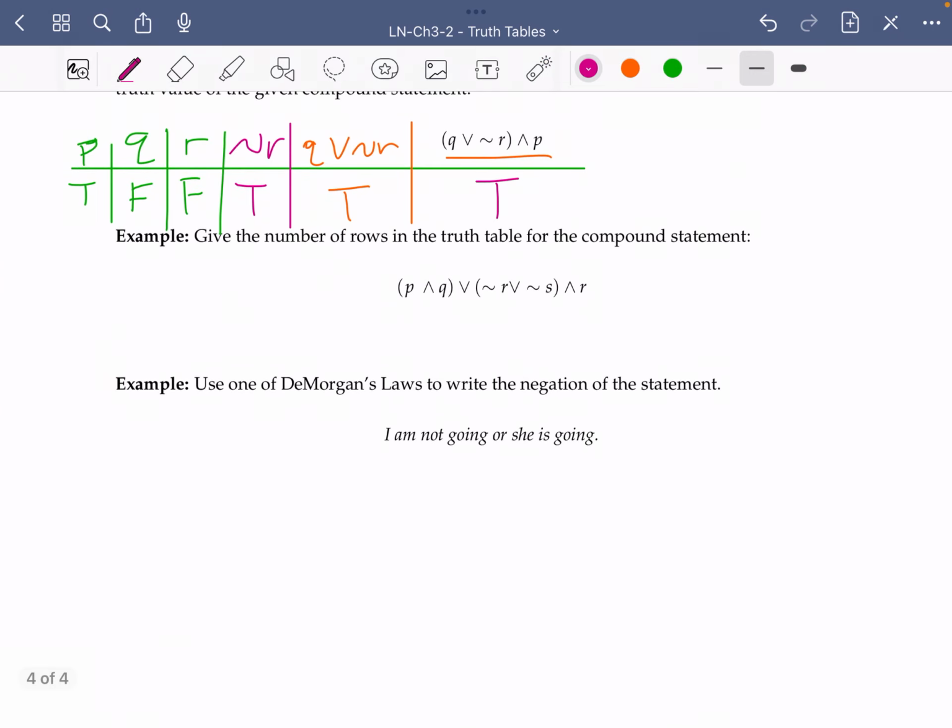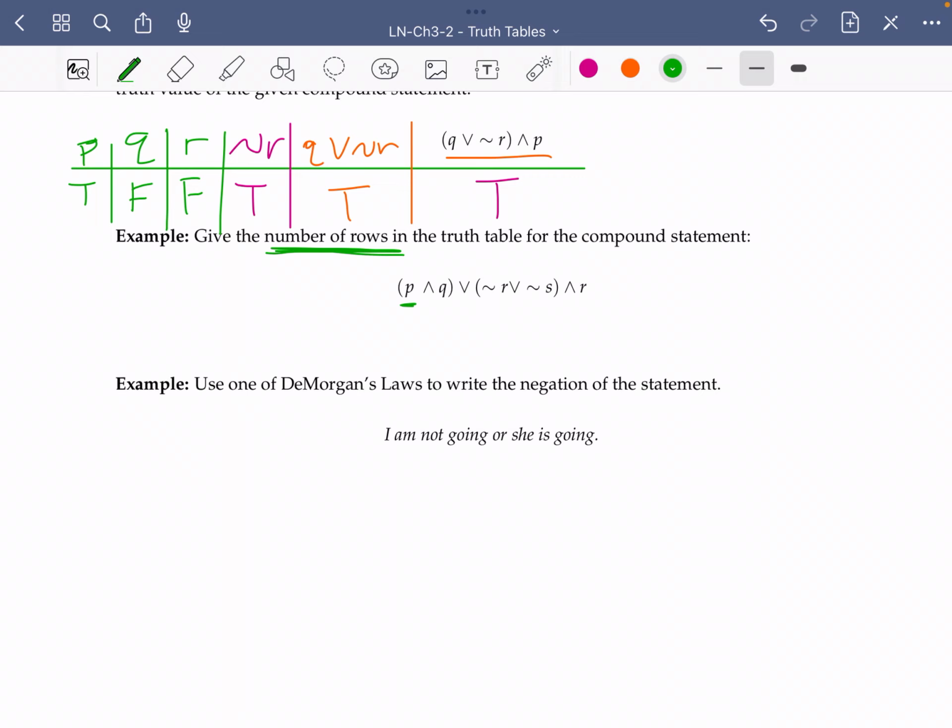Good. So two more examples and then we'll call it a day. Let's give the number of rows in the truth table for the compound statement shown below. So here we're not building the whole truth table. We just want to determine how many rows this is going to have. To determine how many rows, we need to see how many arguments we have.